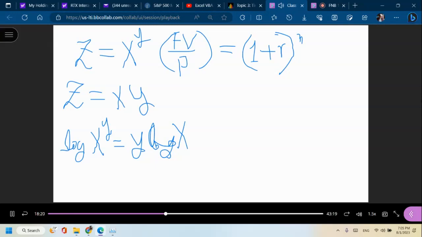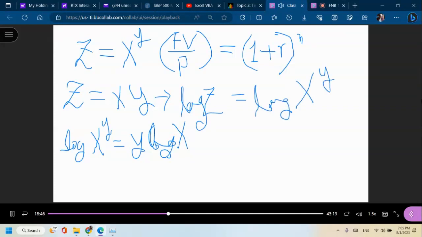So then our question is, okay, so that means we can transform this into log of z equals log of x raised to y. Now, you'll have to take the log on the left-hand side as well, because whatever you do to one side of the equation, you must do the same to the other side.